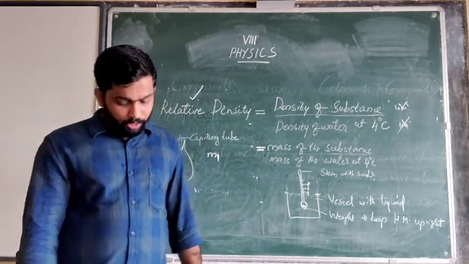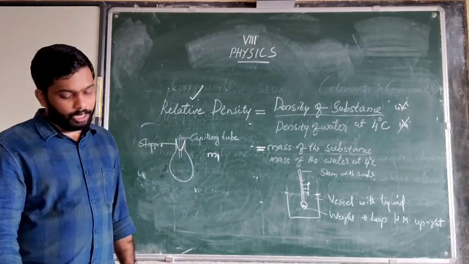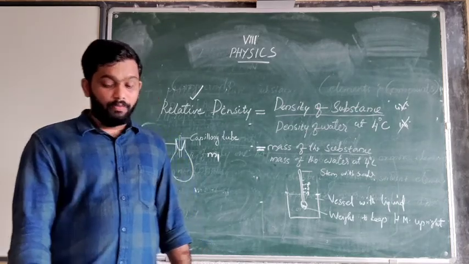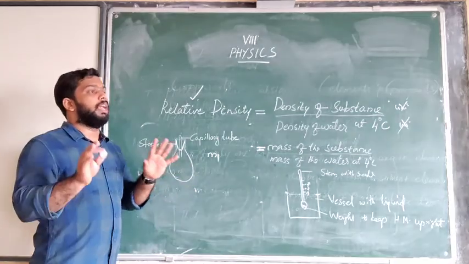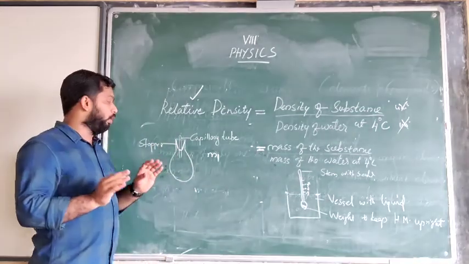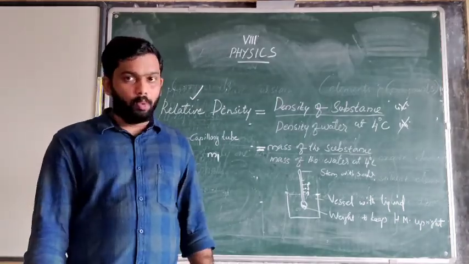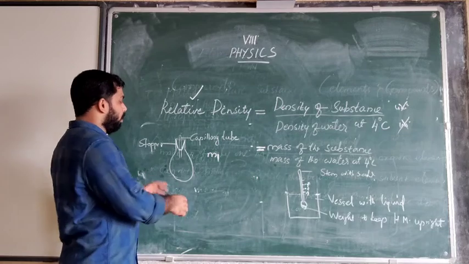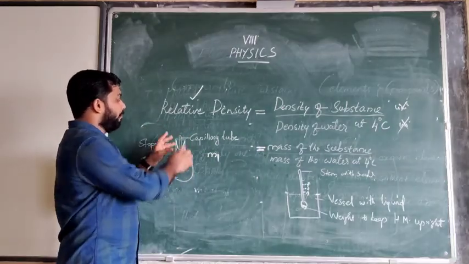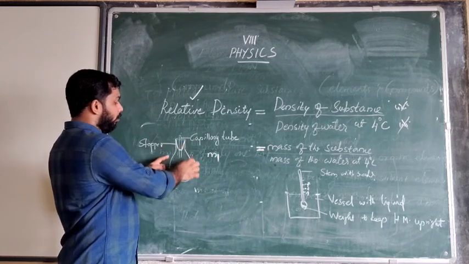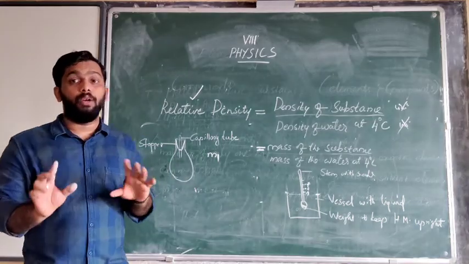Then, second, fill the bottle with distilled water and insert the stopper. Some water will drain out through the stopper; dry the bottle well from the outside. That means after measuring M1, the mass of the empty density bottle, we fill the bottle with distilled water, then close the stopper. Some amount of water will pour out and be outside the flask, and we have to dry it well.